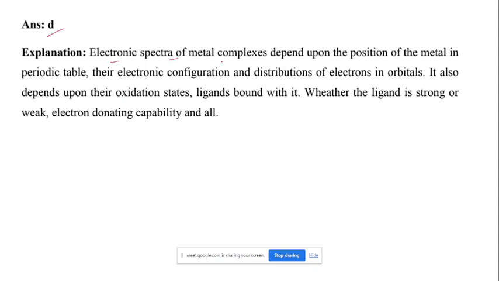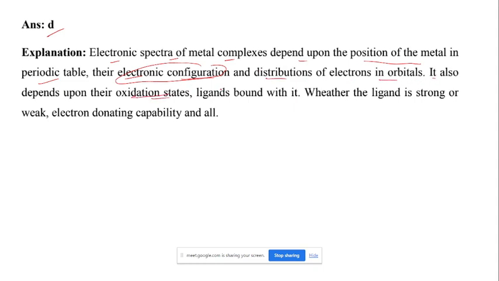Electronic spectra of metal complexes depend on the position of the metal ion in the periodic table and their electronic configuration. Electronic configuration means how many electrons are in the d orbital, and if it is positively charged, how it can accept electrons from the ligand, and the distribution of electrons in orbitals. It also depends upon the oxidation state.